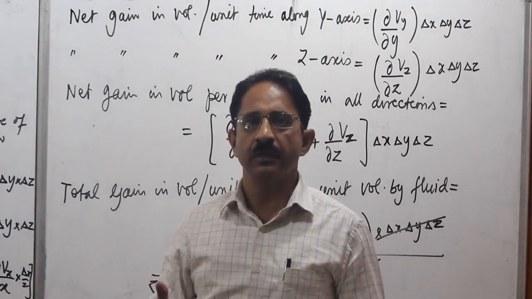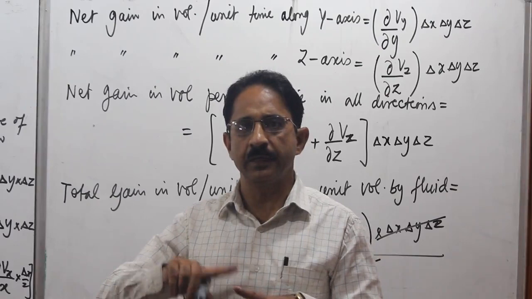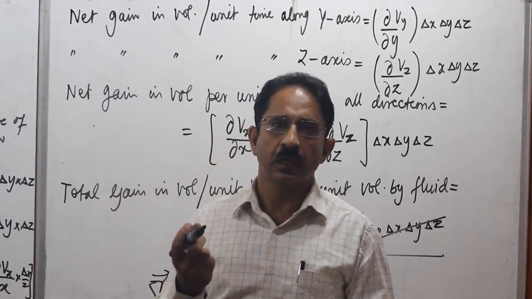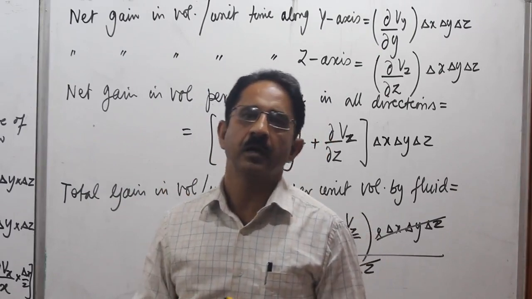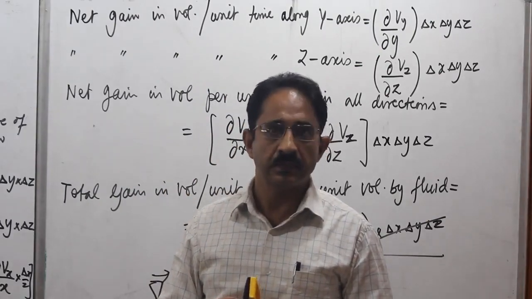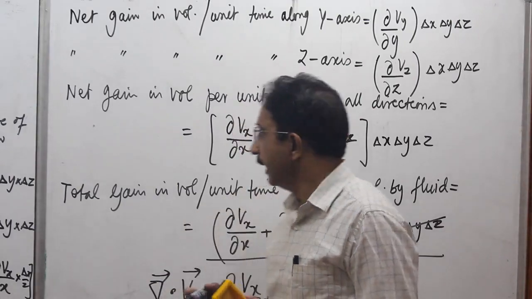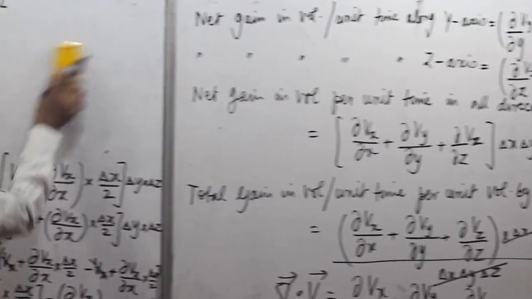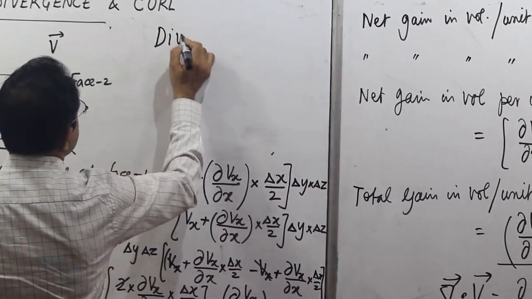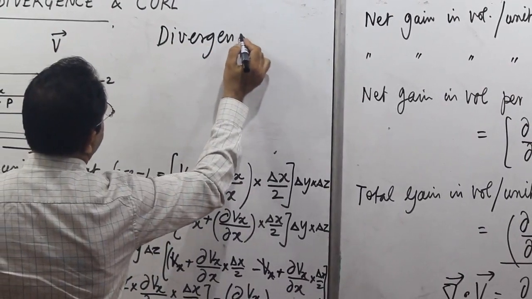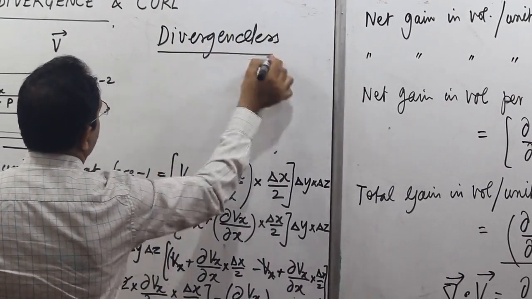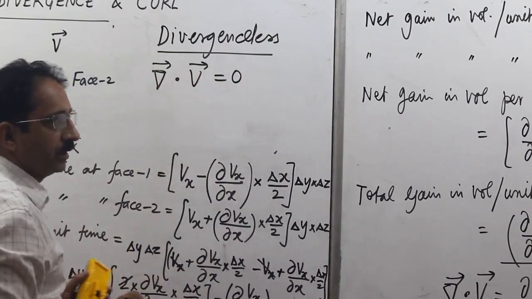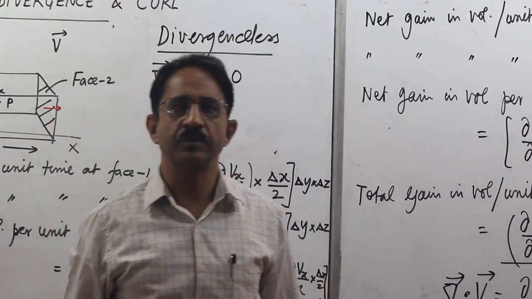If it neither way happens, that is, neither is it expanding, nor is liquid coming out from here, nor is it sinking the liquid or pulling the liquid in, it becomes a divergence-less region. A divergence-less region has the significant property that the dot product of vector, say here the vector is V, with the del operator, which you call the divergence of the vector, becomes 0.